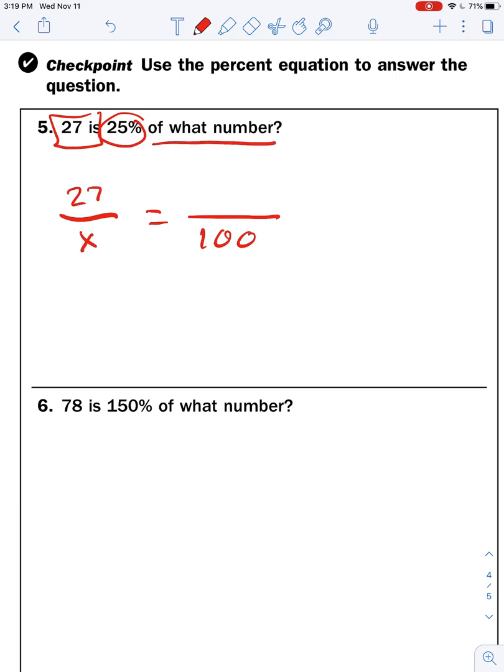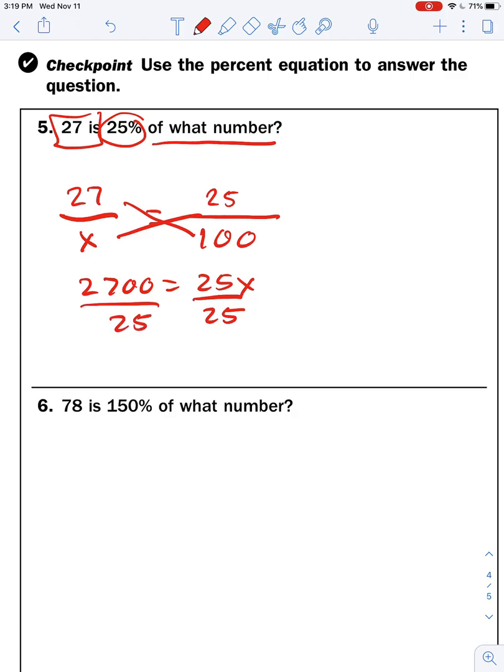27 is 25% of what number? So again, the of is what I don't know. I know 27, and I know 25% goes there. You don't have to write the percent sign every time because the percent means out of 100. So I'm going to multiply those 2 and these 2 and then divide.